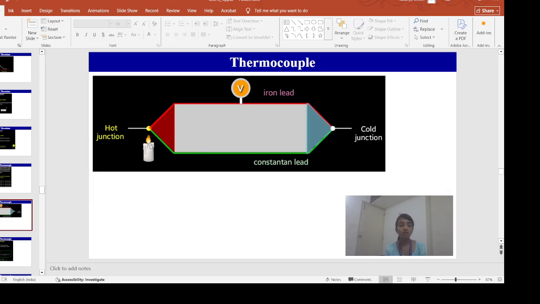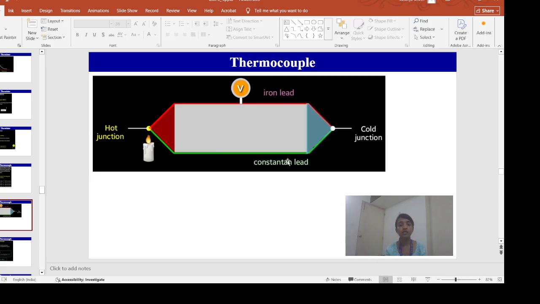As per Seebeck effect, if we can create a temperature difference between the two junctions of two dissimilar materials, then there will be a voltage difference created across these two junctions, and we can measure the voltage difference by using a voltmeter. As a result, a small current will start flowing through the thermocouple.